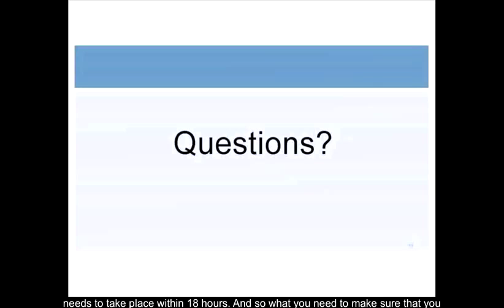And so what you need to make sure that you have is a definition for crisis and for life-threatening crisis. And these are questions that we ask you to provide in your fiscal year 15 plan, because it's important for you to know if you have 48 hours to intervene or 18 hours to intervene. So those are the time frames.